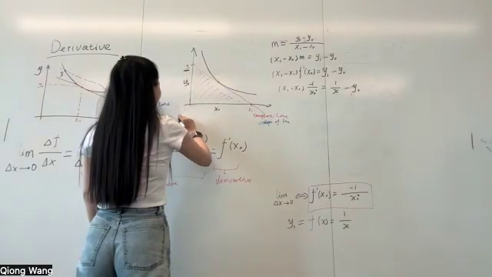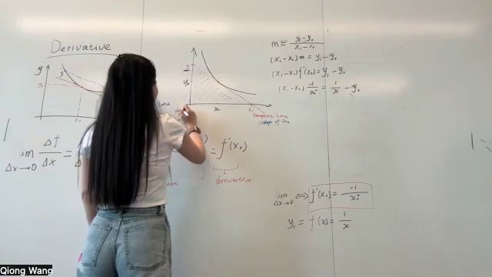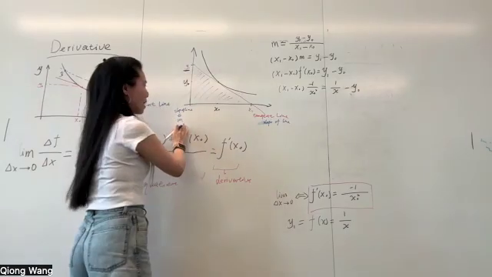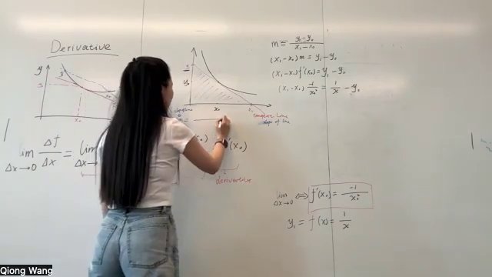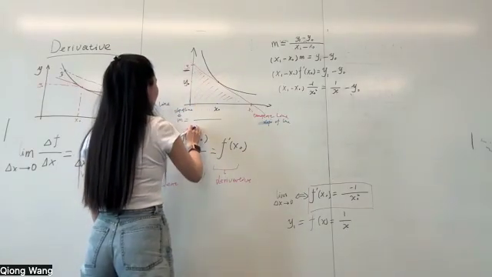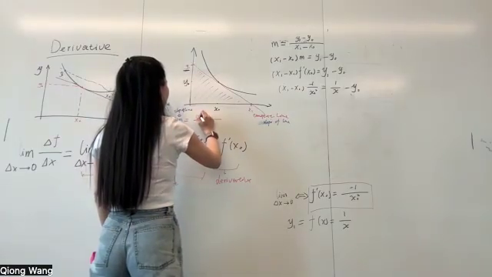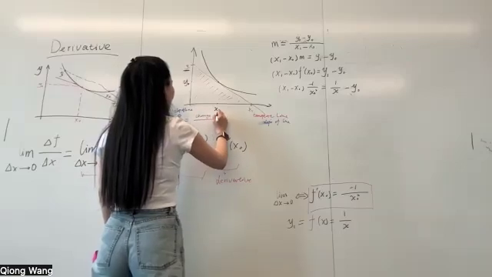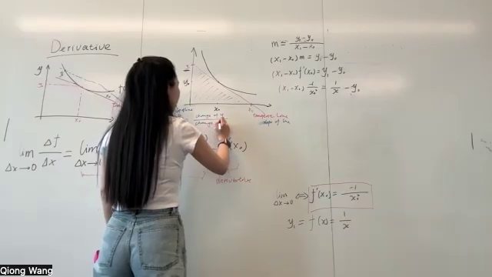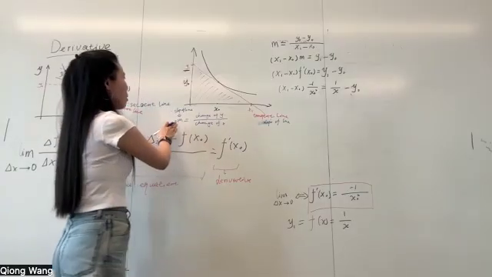We assume m is the slope of the line, and it will be the change of y over the change of x equals the slope of the line.